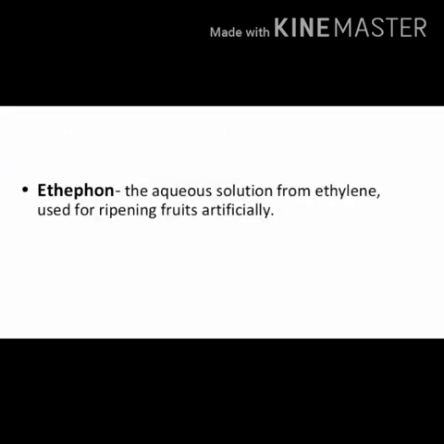Ethephon. Ethephon is an aqueous solution which is separated from the gaseous ethylene. And this ethephon is used to ripen the fruits artificially. So here what the traders will do is they will harvest the raw fruits and ripen the fruits before sale. If the fruit is ripening naturally, the fruit will start to ripen from inside to the outside.